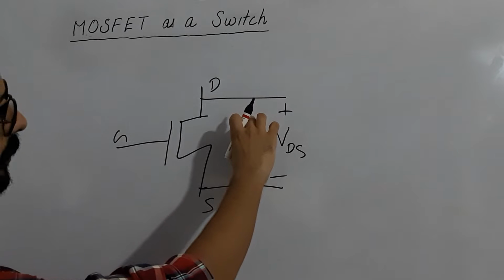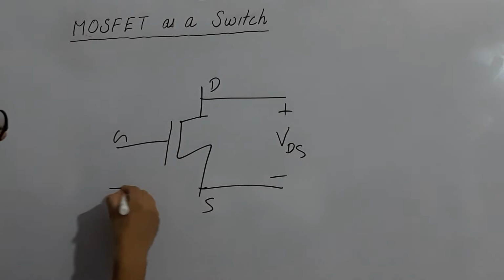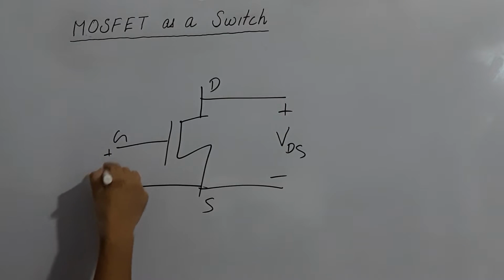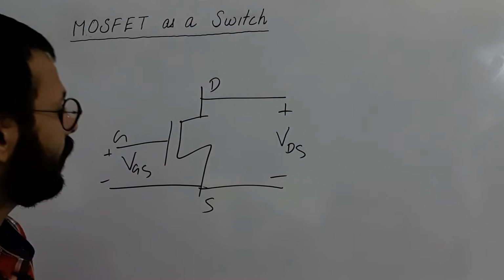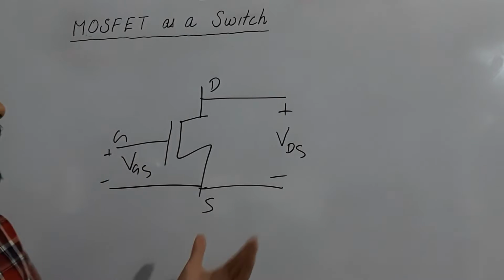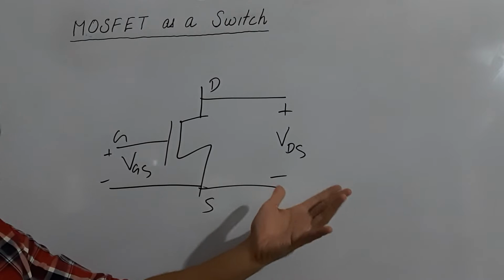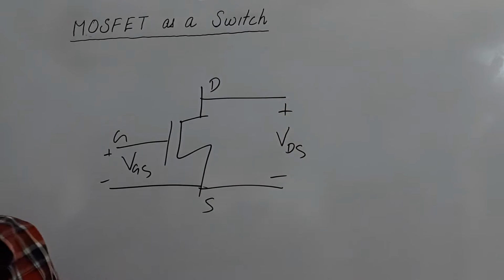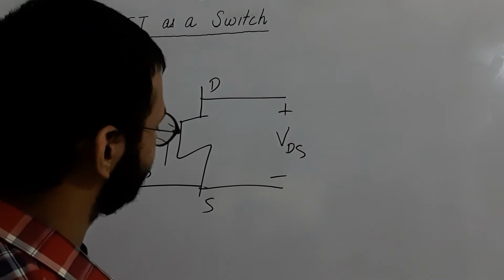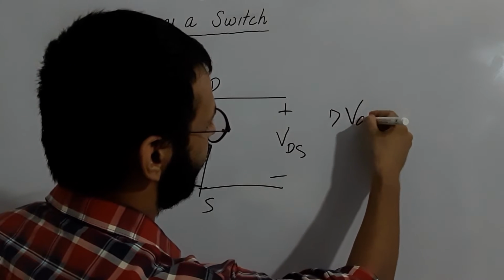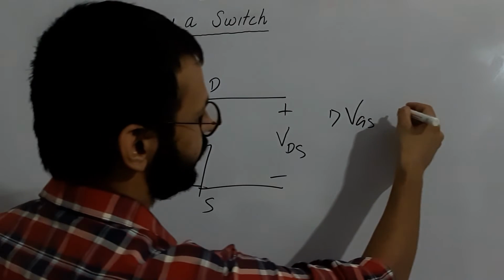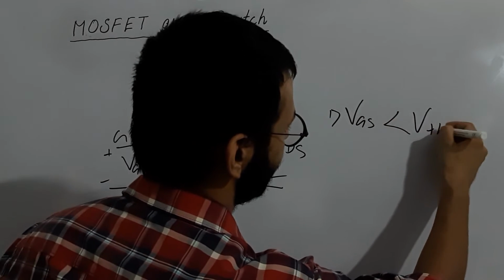This is one port, and this is another port, and this is VGS. So it's a 2-port network. One port is a pair of terminals, as simple as that. The first condition is that the gate voltage, VGS, is less than VTH.